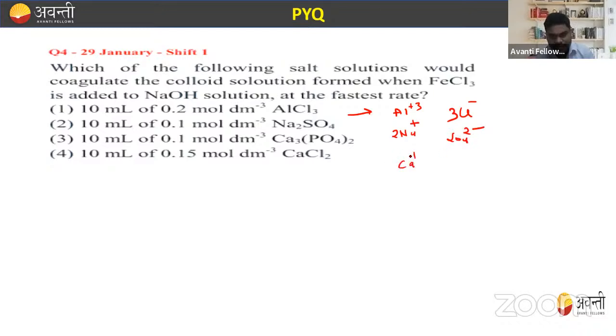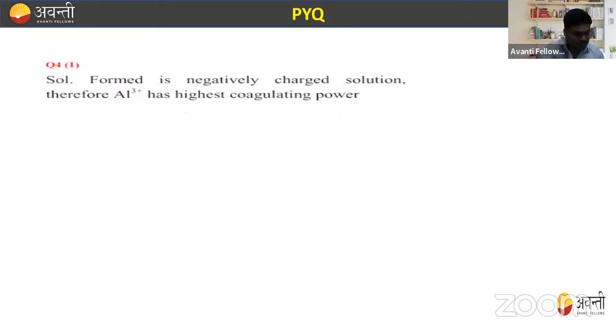Calcium phosphate has calcium +2 and PO4 with a -3 charge. Calcium chloride has calcium +2 and chloride -1. So out of these negative ions, which has the most negative charge? That is PO4.